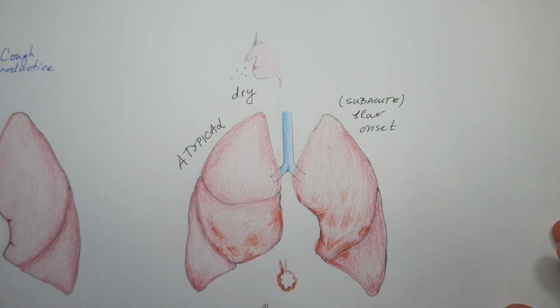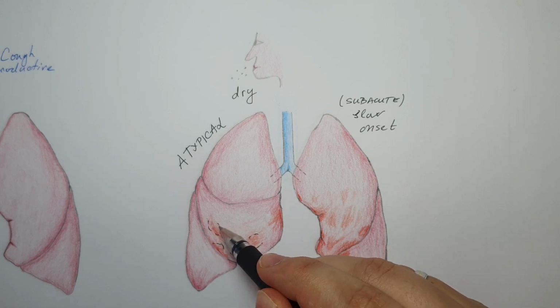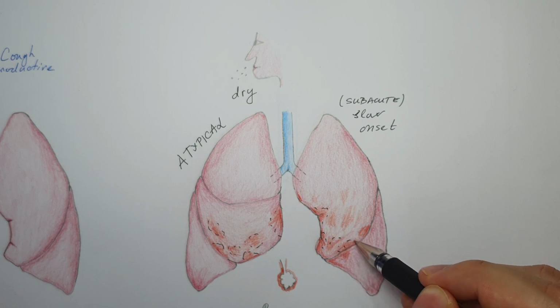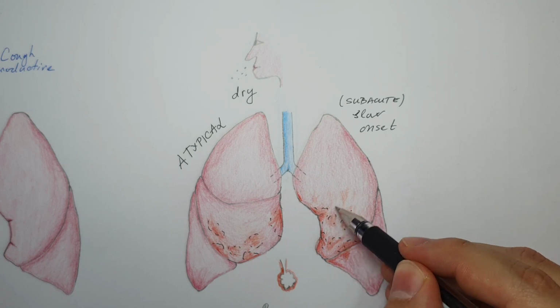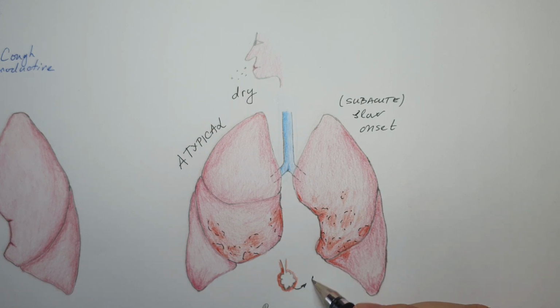If you do an X-ray, you will, in contrast to the lack of physical exam findings, see that there is most of the time a bilateral diffuse pattern of inflammation. So you will see on X-ray that there is something happening in the lung. And if we take this histological route, we will see that the inflammation is actually not in the alveoli, but in the interstitium.